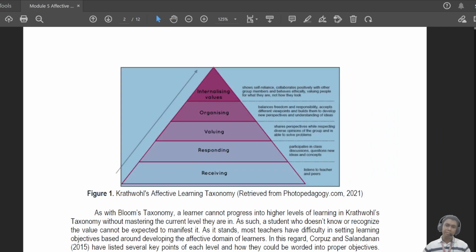Okay? Usually ganito naman yan. Pag bago pa lang, receiving. Pag medyo gitna na ng lesson, responding, valuing, organizing. Pag patapos na, pwede ka na mag-internalizing. Pero minsan, kahit hanggang organizing ka lang, okay na. Because not all lessons are to be taught in 1 month. Ibang mga lesson 1 week lang. Okay? So, mahirap nang makita yung internalizing doon. So, okay lang kahit umabot ka sa organizing.